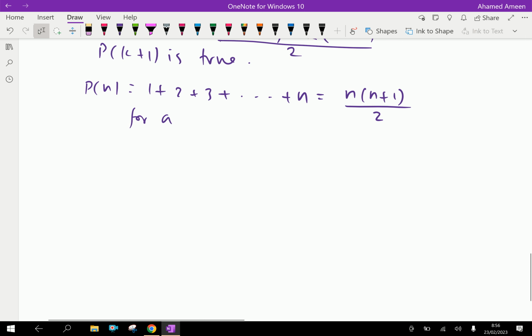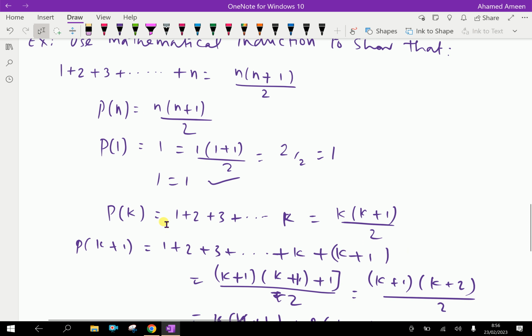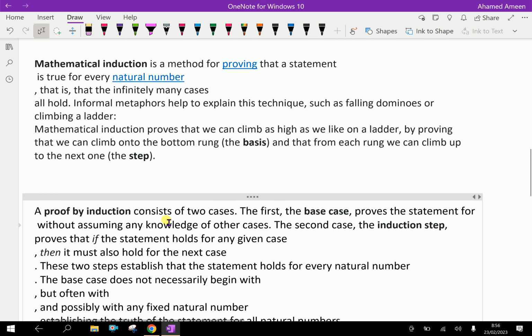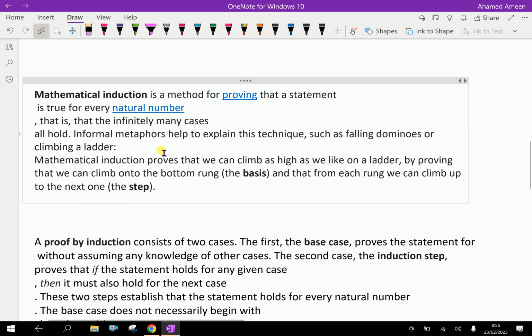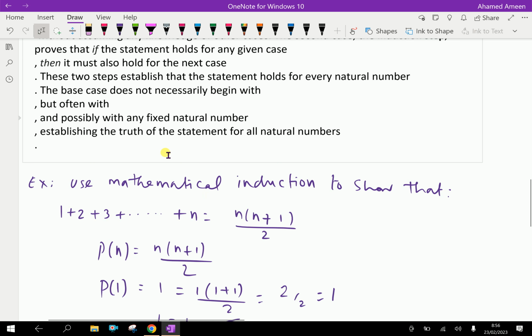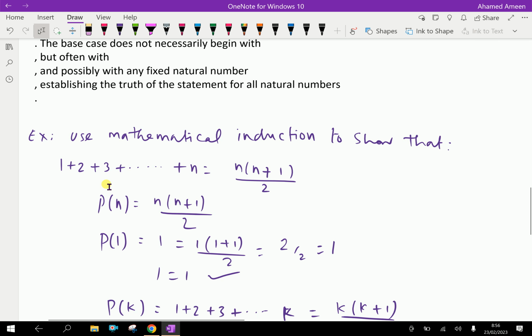That means first we discussed what mathematical induction is. It is useful for proving mathematical statements, and we showed how to prove using an example problem.